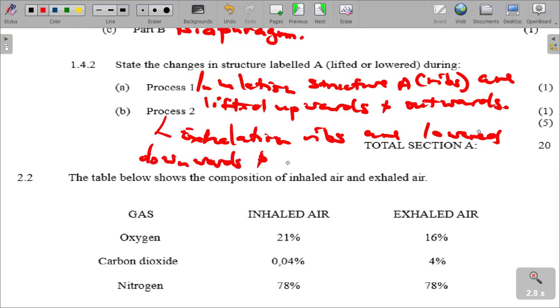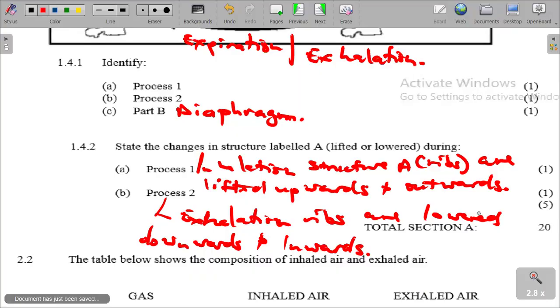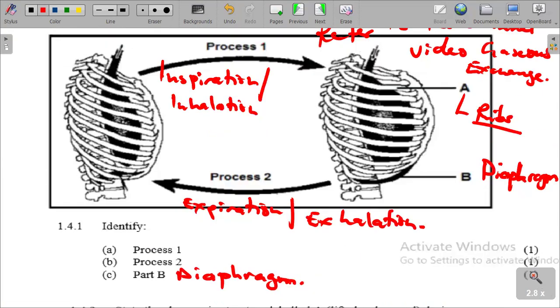They are pulled inwards, and during inhalation, they are lifted up and also outwards.